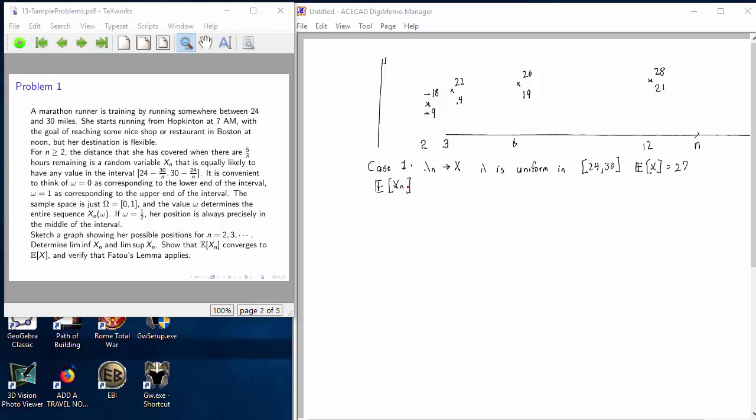For example, when n equals 2, the random variable is uniformly distributed in 9 to 18, and more generally, its expectation is the average of the lower limit and the upper limit of the interval. In other words, it's 27 minus 27 over n, and that converges to 27. So this is the case where the sequence of random variables actually converges to a limit, and the expectation of the limit is equal to the limit of the expectations.